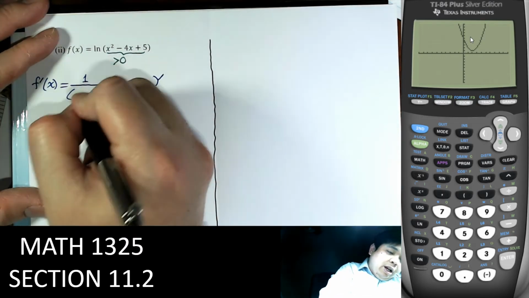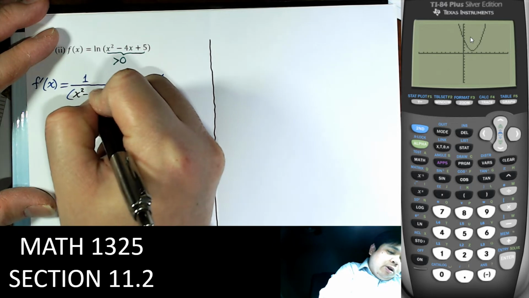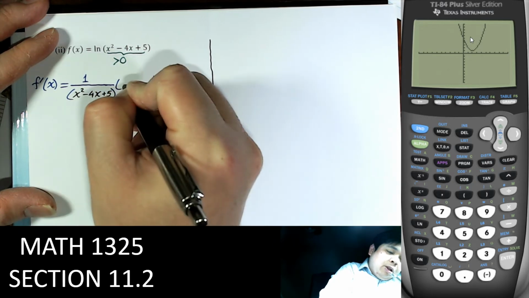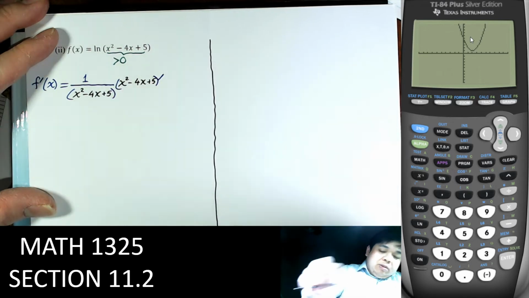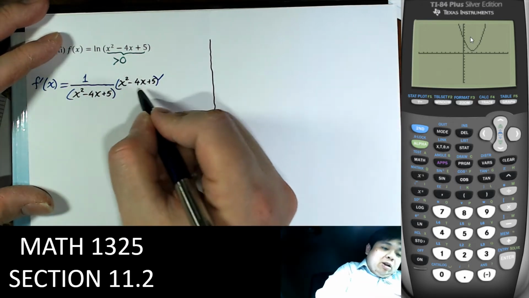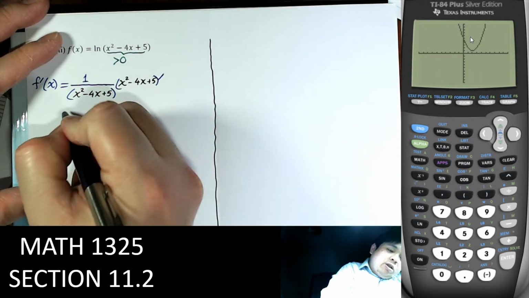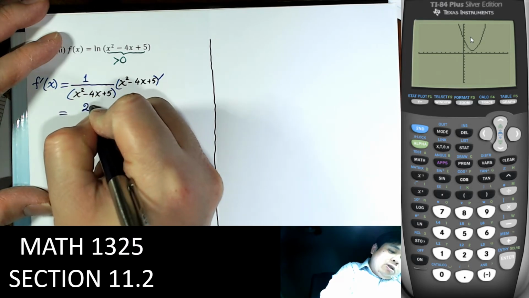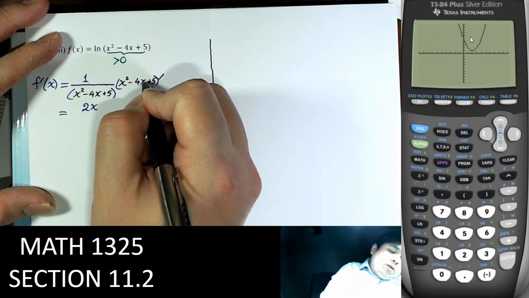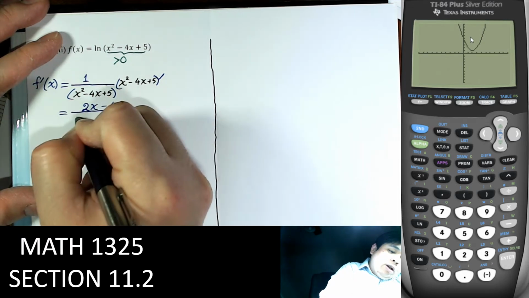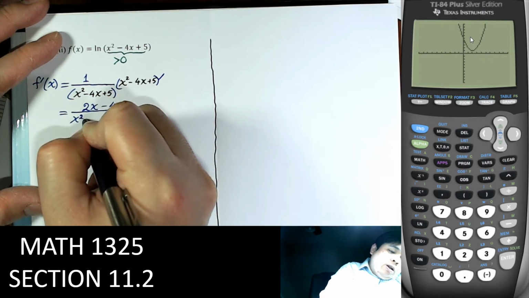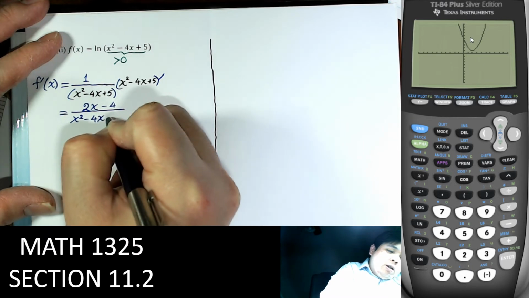We're going to put x squared minus 4x plus 5 in the denominator. The derivative of this is 2x minus 4, over x squared minus 4x plus 5.